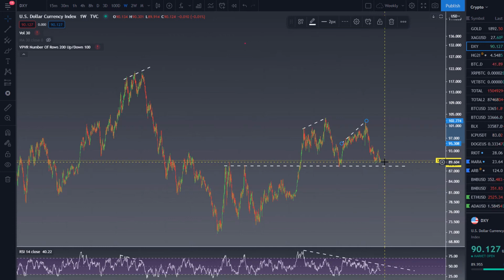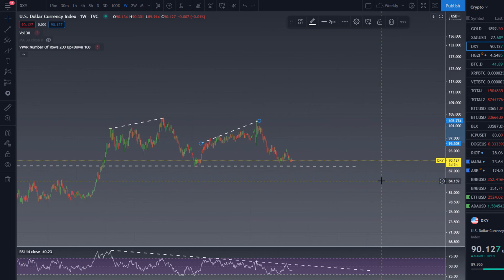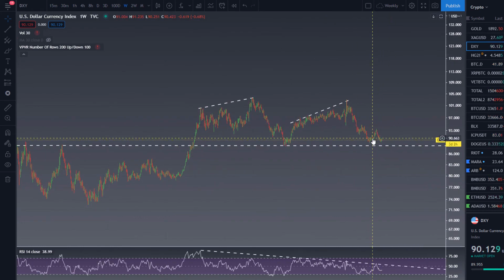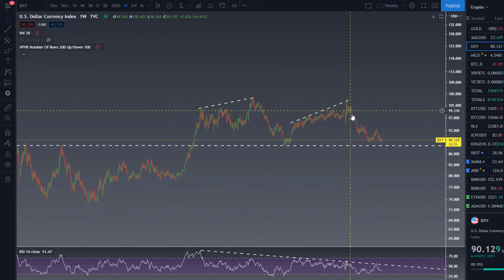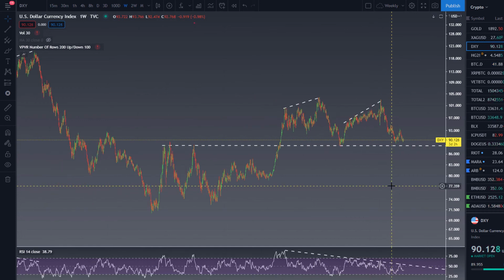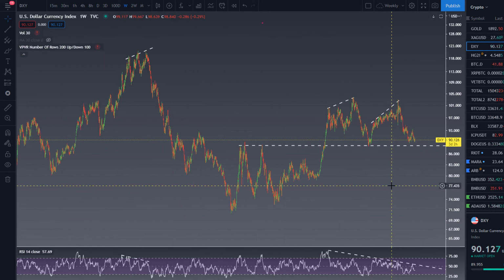So not really sure what's going on, but I do know that this is a weak chart. Like what is going on here? Low, high, low, bounce, like this thing is weak, and it is weak every day of the week.